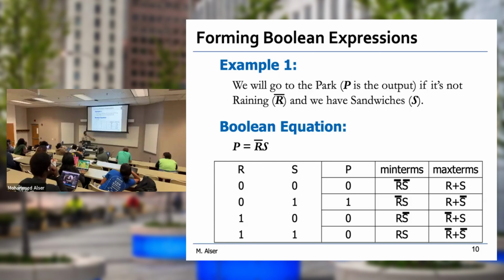Both of them should apply. And it's even giving you the R bar in this case, and S. So this is how we would know whether it's plus or multiplication. The question already tells you, and we have sandwiches, so that's why we have the dot over here. And we have the NOT. This is how we interpret the question right away.